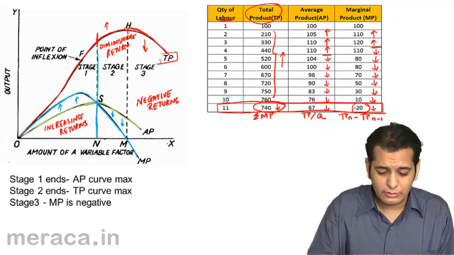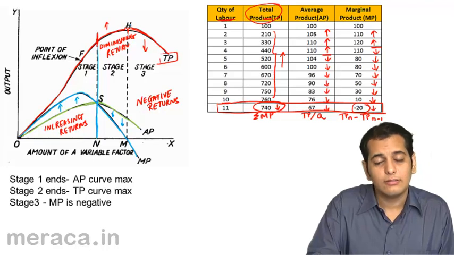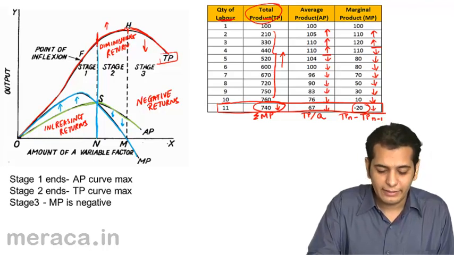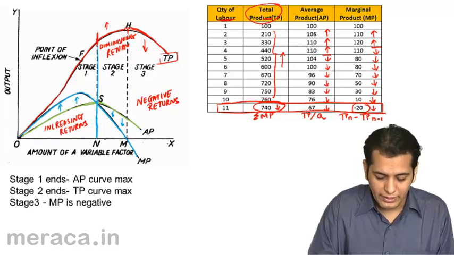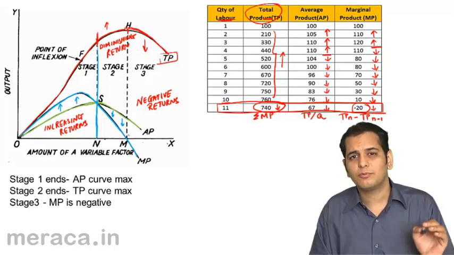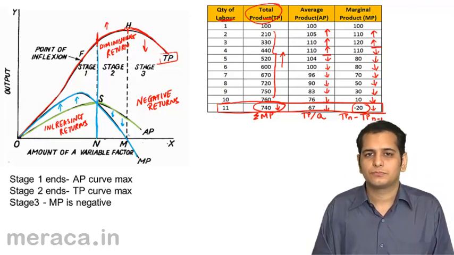But if you take a close look at this very level, if we are at the point H and if we come down running through H to M, we see that the marginal product curve at this level is 0.